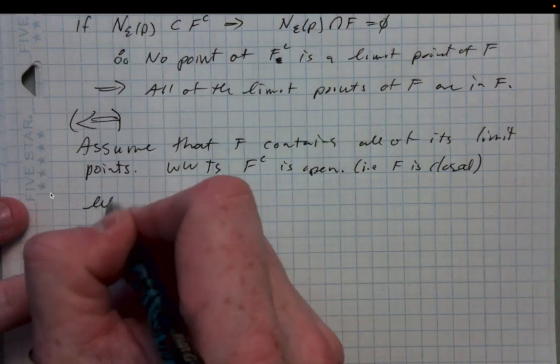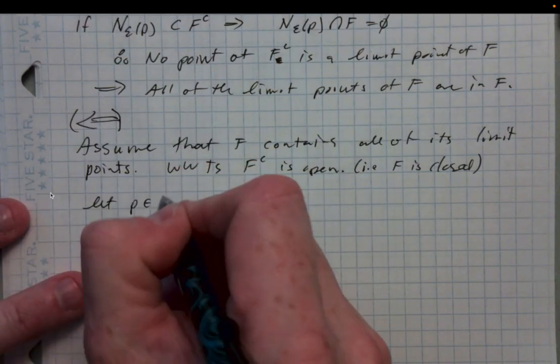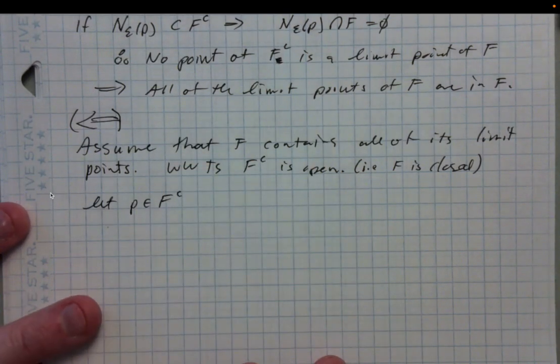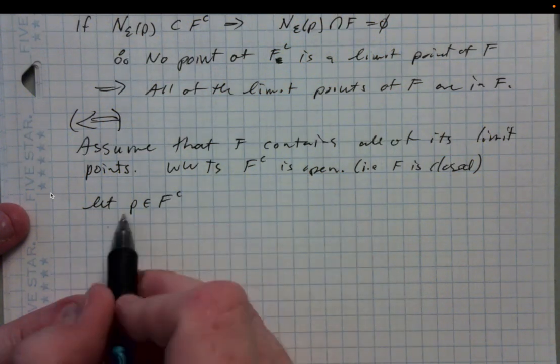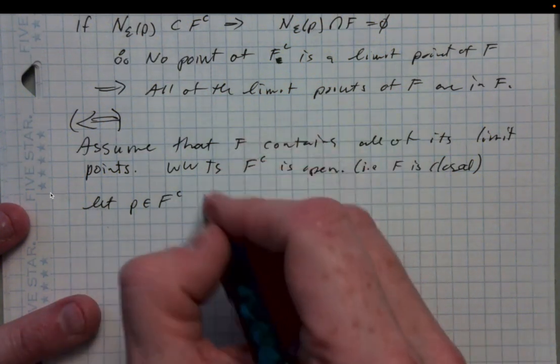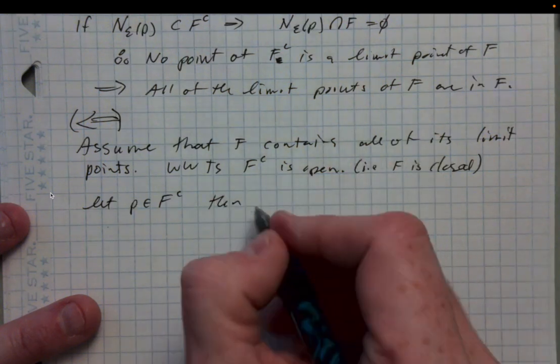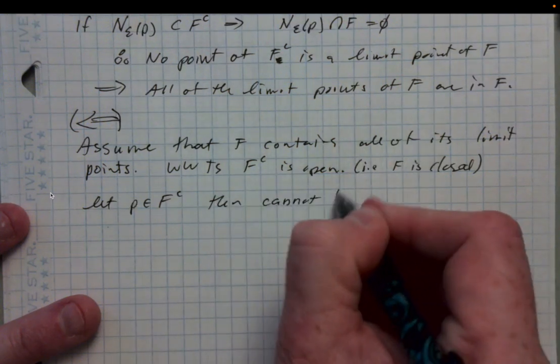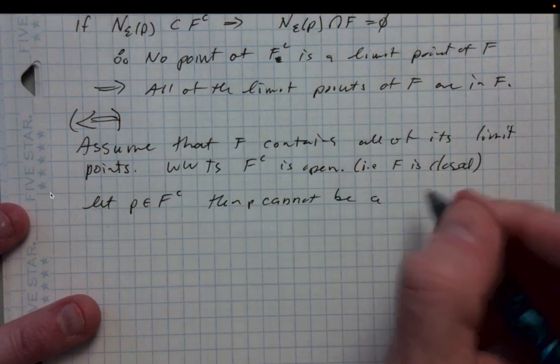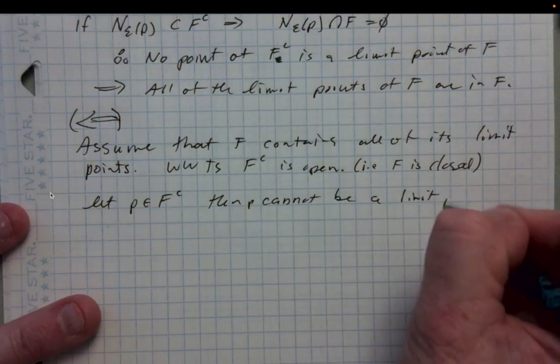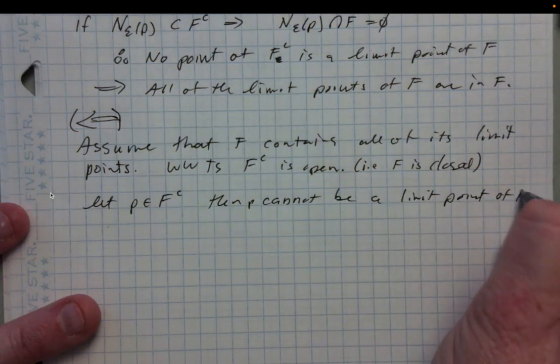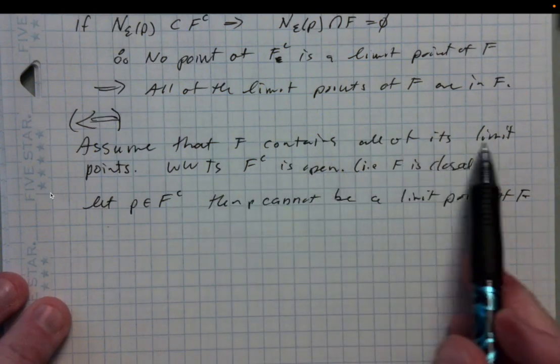So let p be in F complement. If p is in F complement, then since F contains all its limit points, p cannot be a limit point of F because p is not in F. We're assuming that F contains all of its limit points.